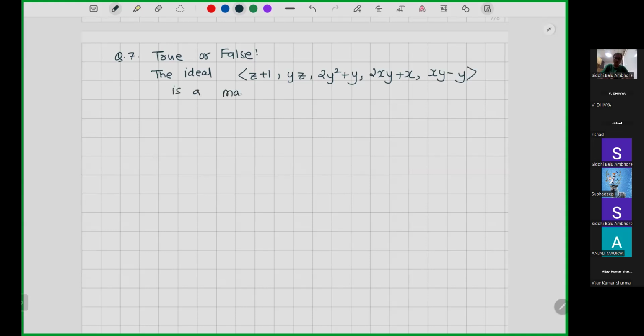Is it a maximal ideal of Q x y z? This is the question. We are asked whether this ideal is maximal or not. Any cases?